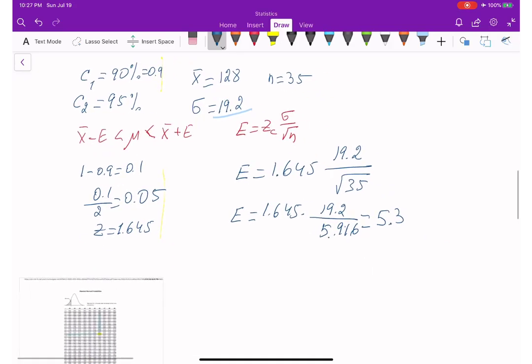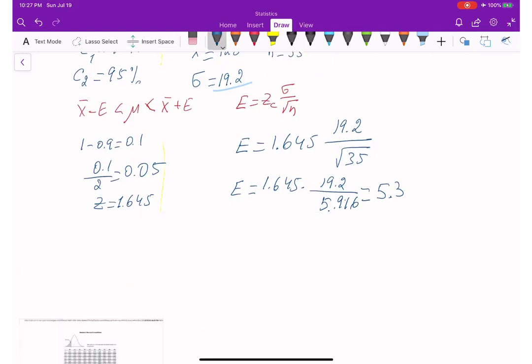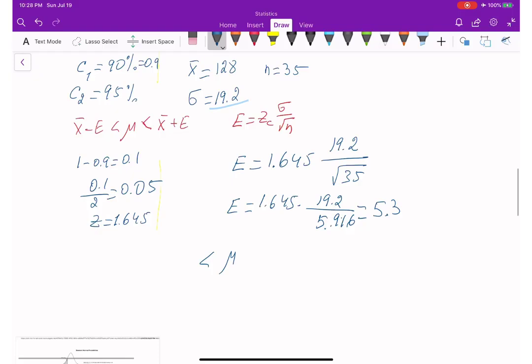Okay, so I have x bar and I have margin of error. So mu is gonna be, my x bar is 128 minus 5.3, 128 plus 5.3.